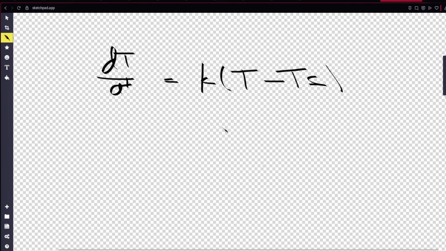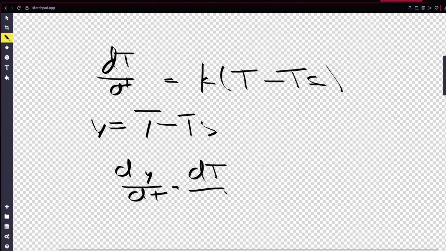So we're going to set the function y is equal to T minus Ts. That means dy over dt is just equal to dT over dt minus Ts, and again we're assuming the ambient temperature is constant, so that cancels out.